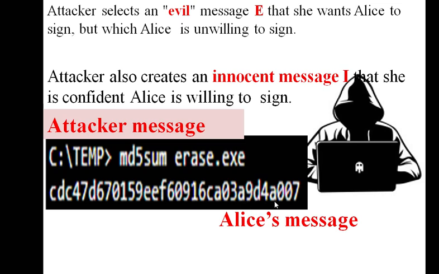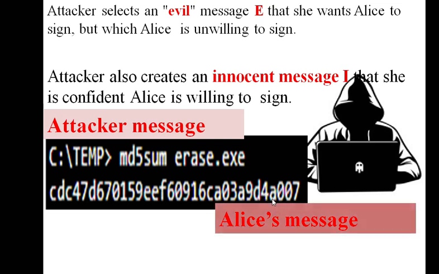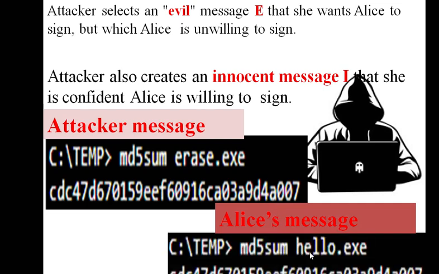After signing, observe this: the last four digits are A007. The file name is different, but the hash value is the same, because she is signing the attacker's document. After signing, the hash value is the same. But what about Alice's message? Alice's message is hello.exe, but the attacker's message is erase.exe.